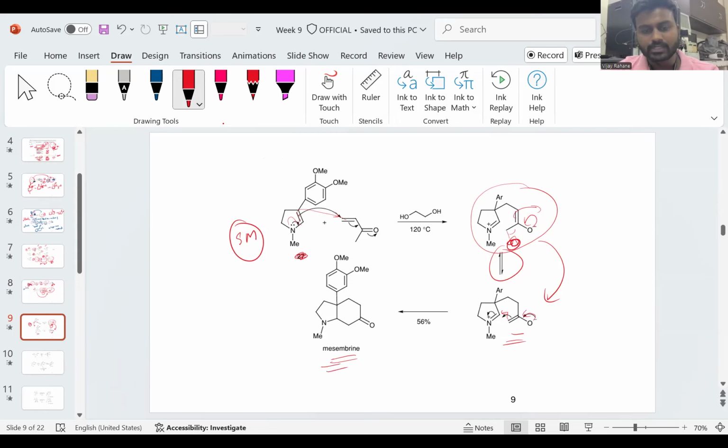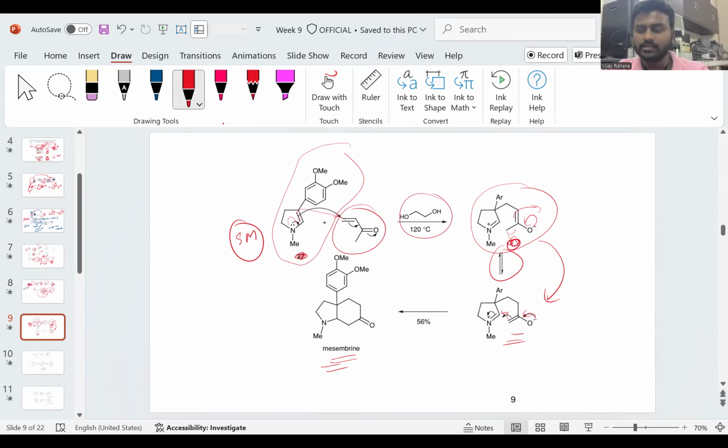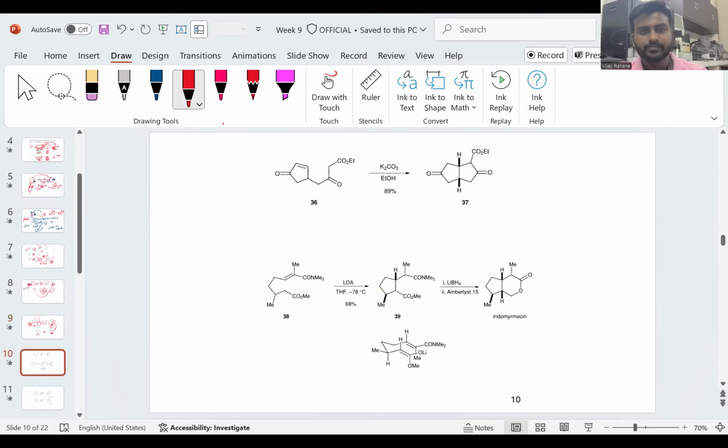This is one of the natural products, and mesembrine is formed just by performing this reaction. This is the first starting material, and this is another starting material, and this is just the solvent, right? Ethylene glycol solvent at 120 degrees Celsius, and about 56% yield we get in this reaction. So this is also one of the carbon-carbon bond formation reactions, and it also involves some beautiful enolate-based chemistry.